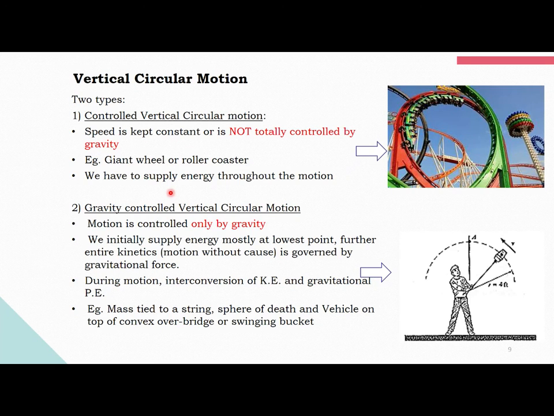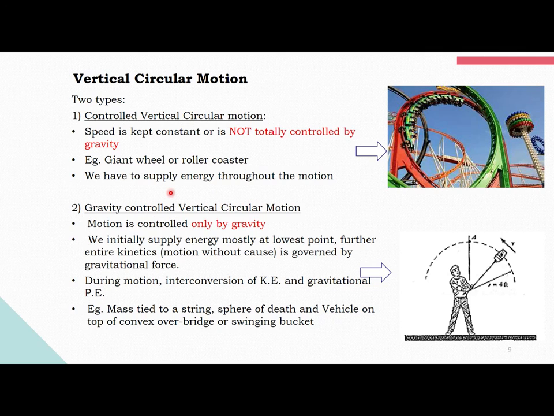During motion, there is interconversion of kinetic energy and potential energy. That means after reaching the highest point, kinetic energy gets 0 and at the lower point it will be maximum.